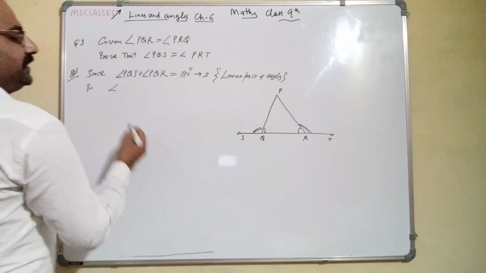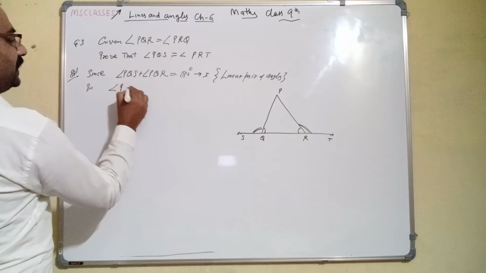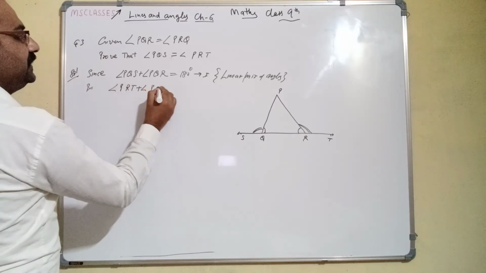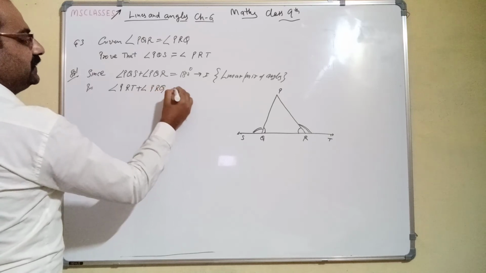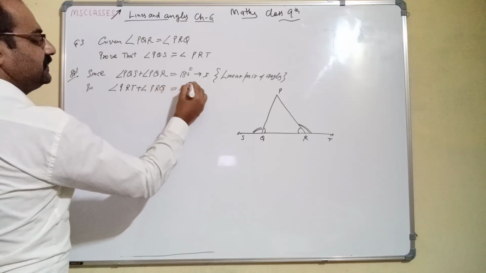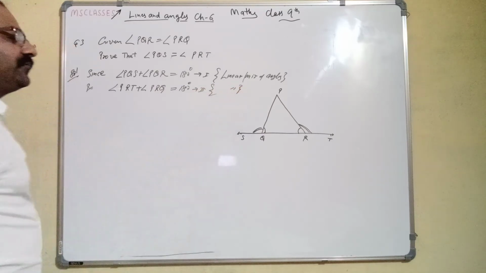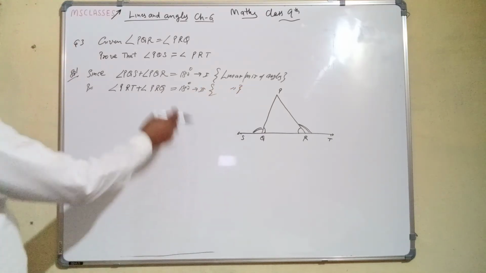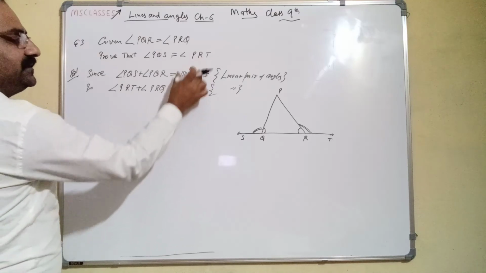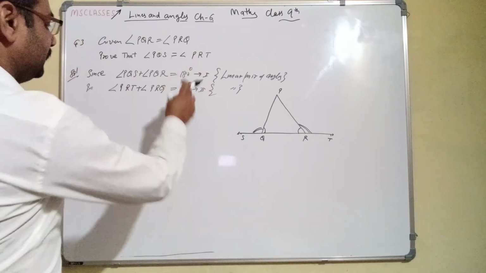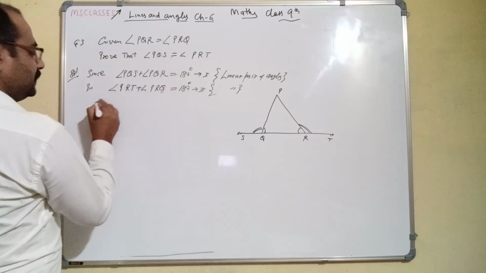And second is angle PRT plus angle PRQ is equal to 180 degree. Equation number 2. This is again a linear pair of angles. Because the right hand side of these two equations are equal, so we can equate these two.